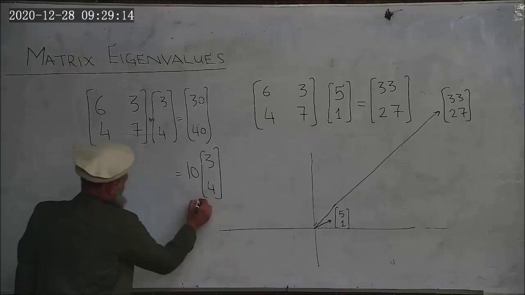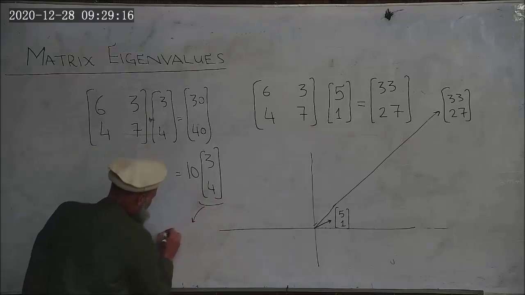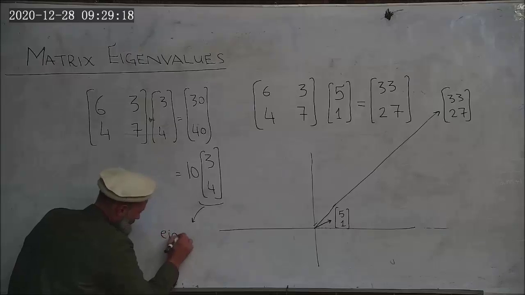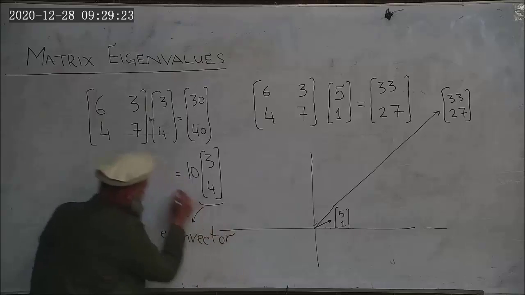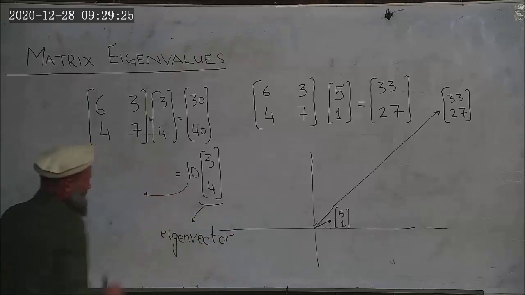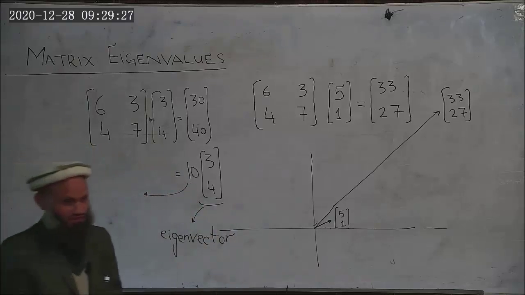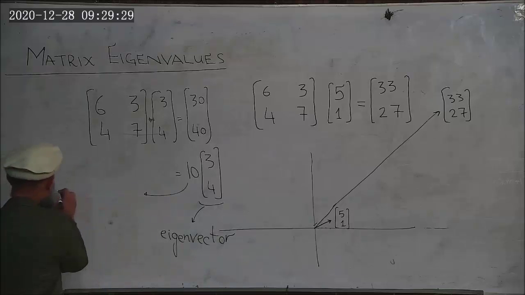So this vector is called eigenvector for that matrix. And the corresponding value with which this vector is scaled is called eigenvalue.